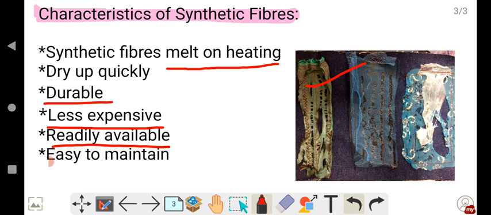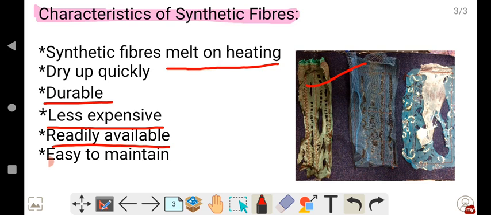We should not wear synthetic fabrics when we are cooking or doing any work like cooking or electric work. At that time we should stay a little away from fire, or better to wear cotton dress made up of natural fabrics.